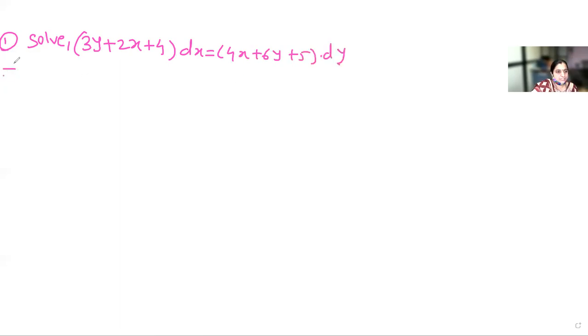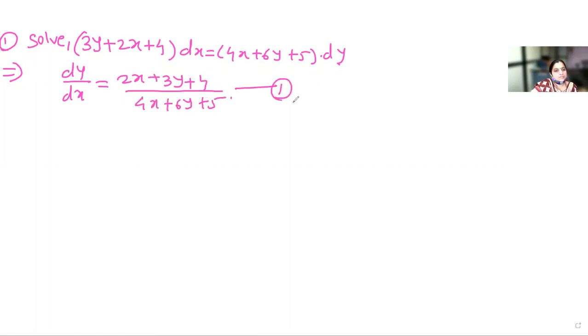Okay, so let us see which kind of equation that is. dy by dx becomes... here we will write the coefficient of x first of all. It means (2x plus 3y plus 4) divided by (4x plus 6y plus 5).